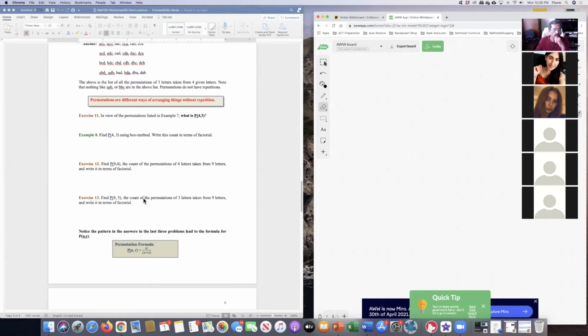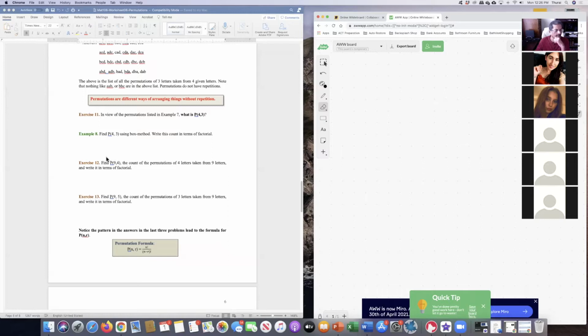Okay, moving on. In the last class, we learned how to find the permutations by using the box method. So I'm going to start from there. Let me begin with the notation for permutation. We learned the notation P and R, but there are other notations I need to bring up. So P and R represents the number of ways of permuting or arranging R objects taken from N. So N objects are the number of objects given.